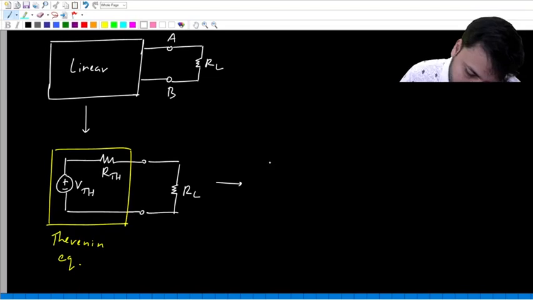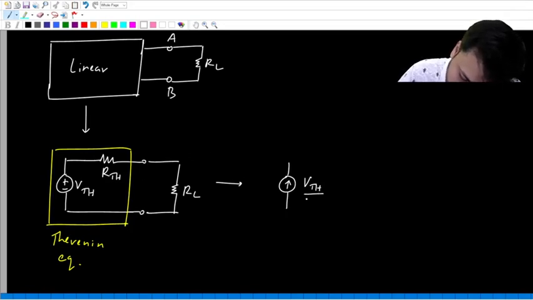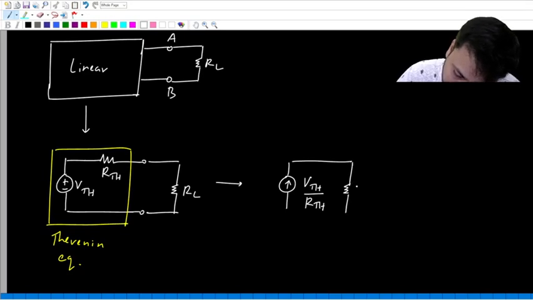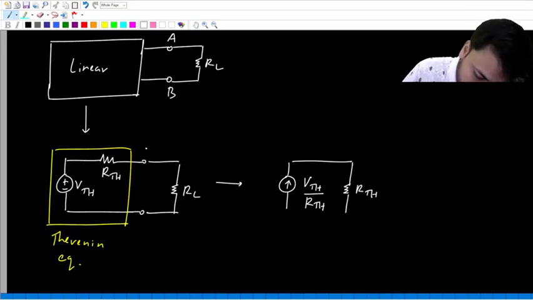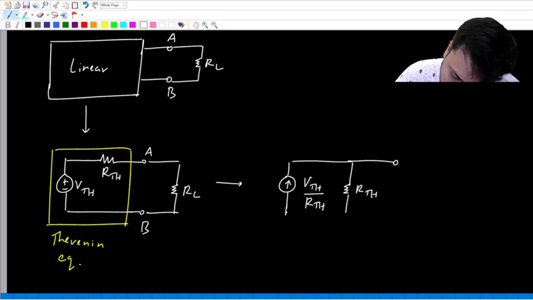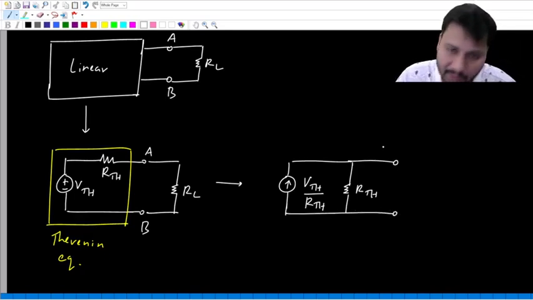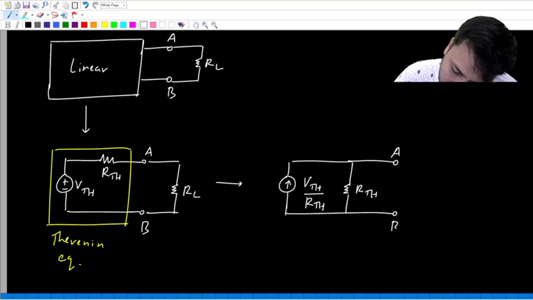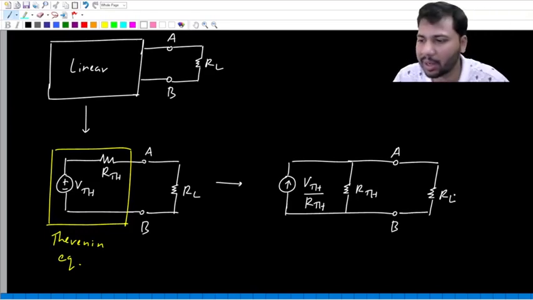The value of the current source is the voltage source divided by the series resistance, that is VTH by RTH, and the same resistance now appears in parallel. Again this is A, this is B. This combination is connected between the same two points A and B, and outside of this we still connect the same load resistance RL.